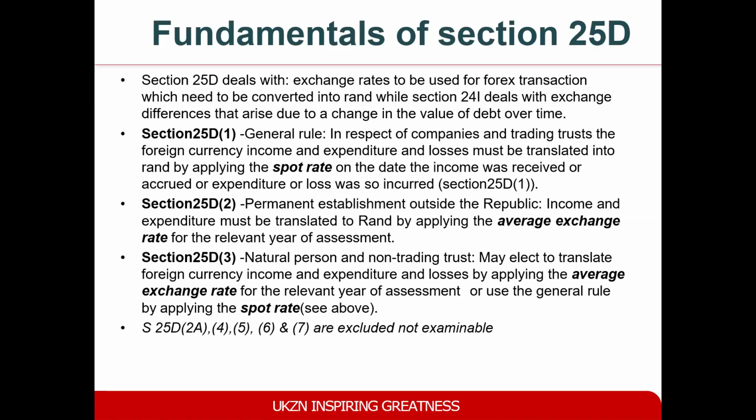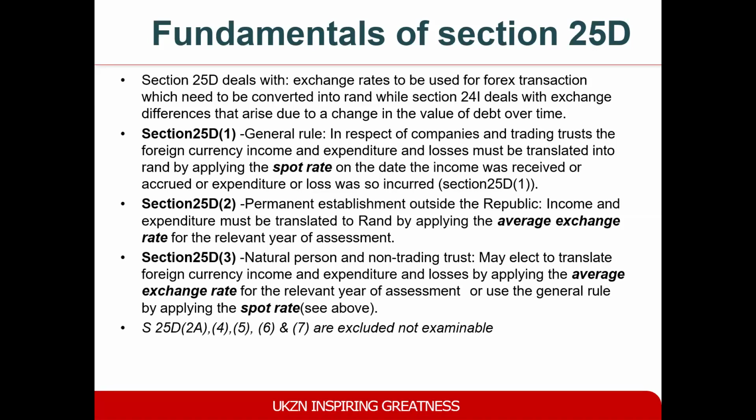All right. So section 25D2 deals with the permanent establishment outside the Republic. So what if there is a company which is actually outside the Republic? It states that the income and expenditures also must be translated to a rand by applying the average exchange rate. Now we are hearing the second term, which is average exchange rate.